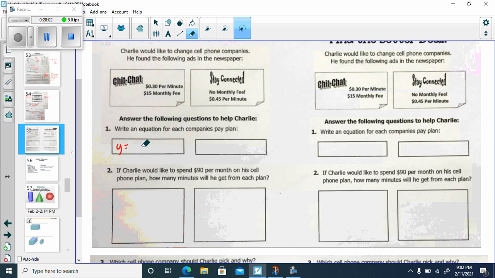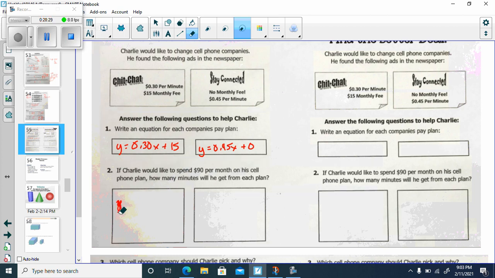The total she would pay would be equal to 30 cents per minute times your number of minutes plus 15. Stay Connected has no monthly fee, but you're paying 45 cents per minute, okay? Plus 0, right? If Charlie would like to spend $90 per month on her cell phone plan, how many minutes will she get from each plan?